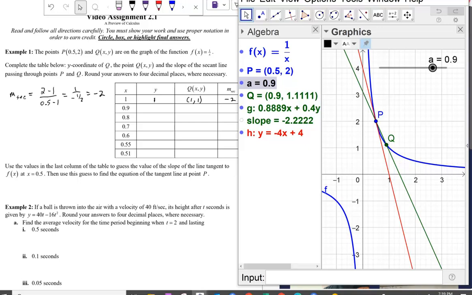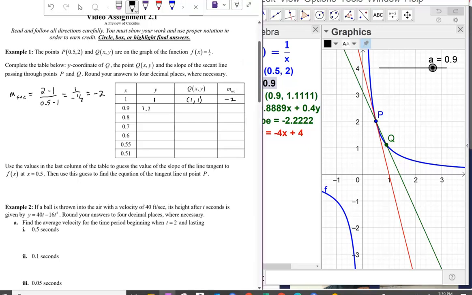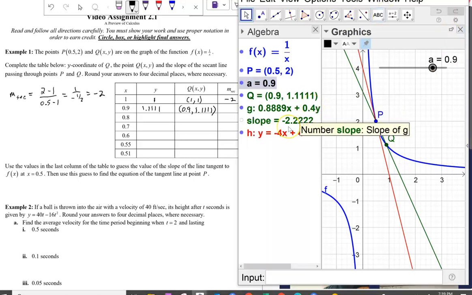So we can see that Q has a y value of 1.1111, giving us the point (0.9, 1.1111), and then the slope is given to us here on GeoGebra as well, -2.2222.